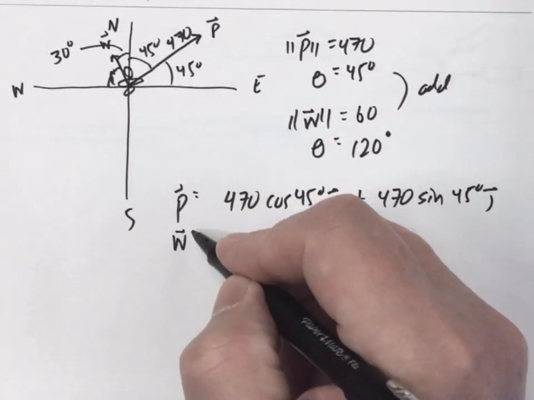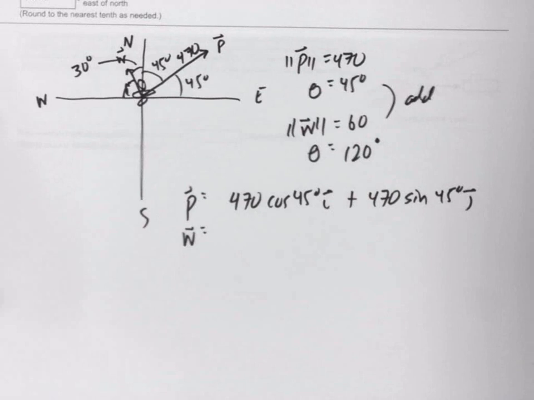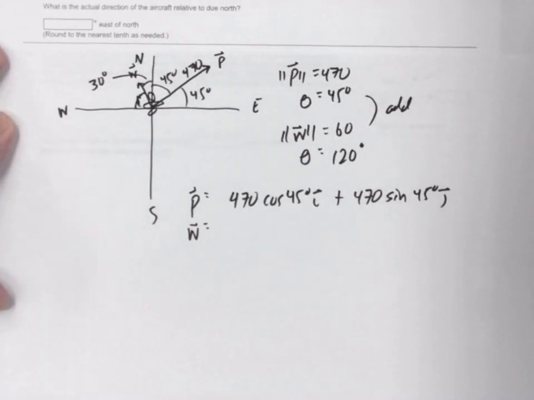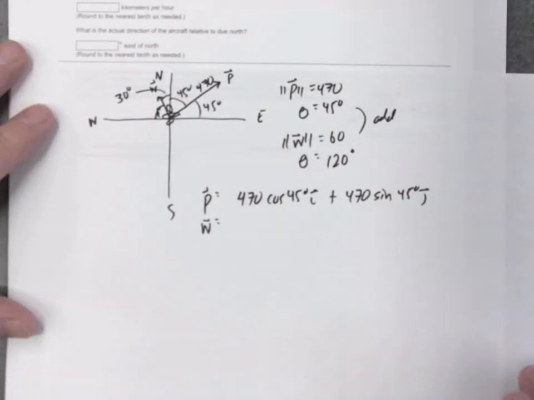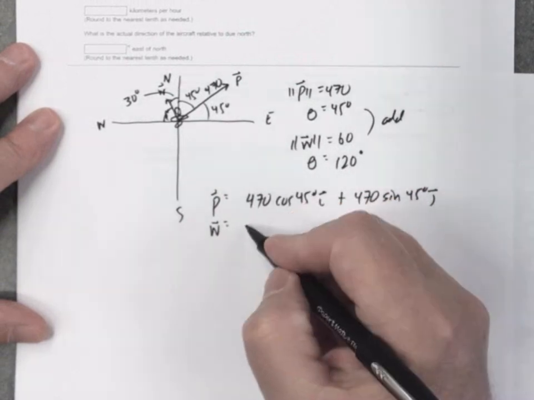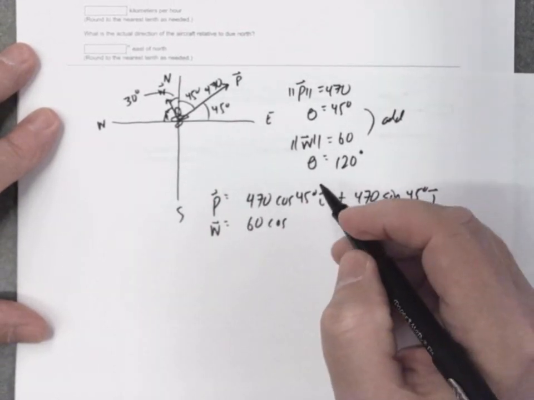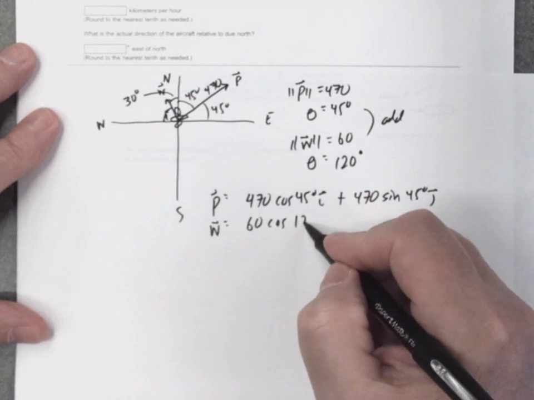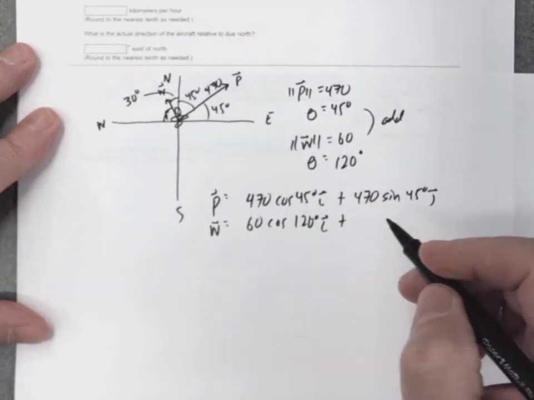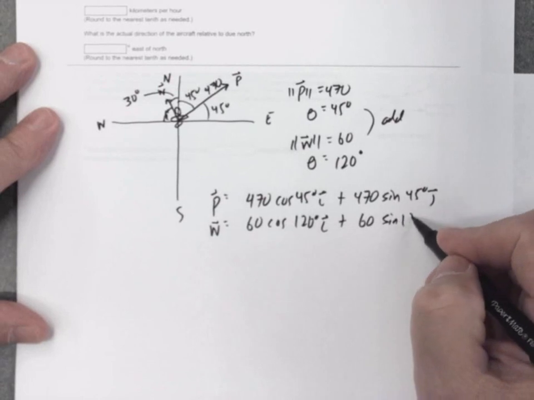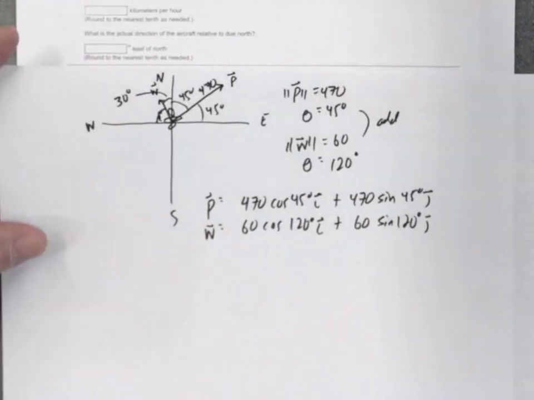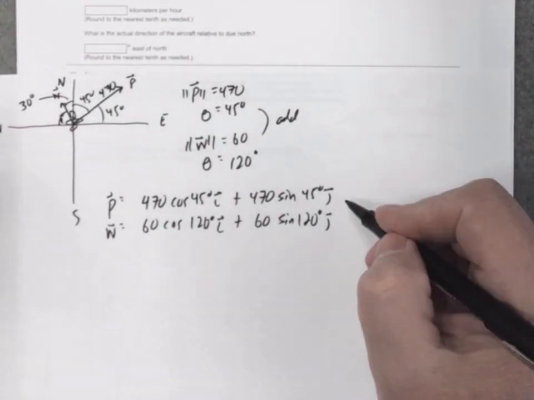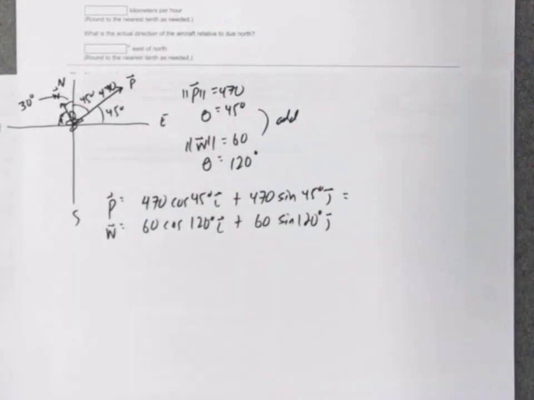And the wind, magnitude 60, the angle is 120, cosine of 120, there's the I part, plus 60 sine of 120, there's the J part. I'm actually going to grab my calculator and I'll probably leave like 2 significant digits.